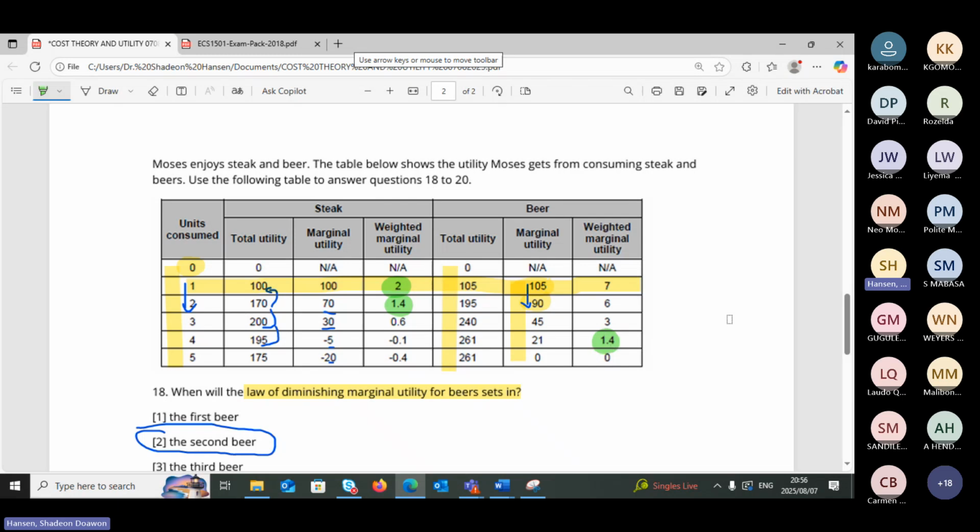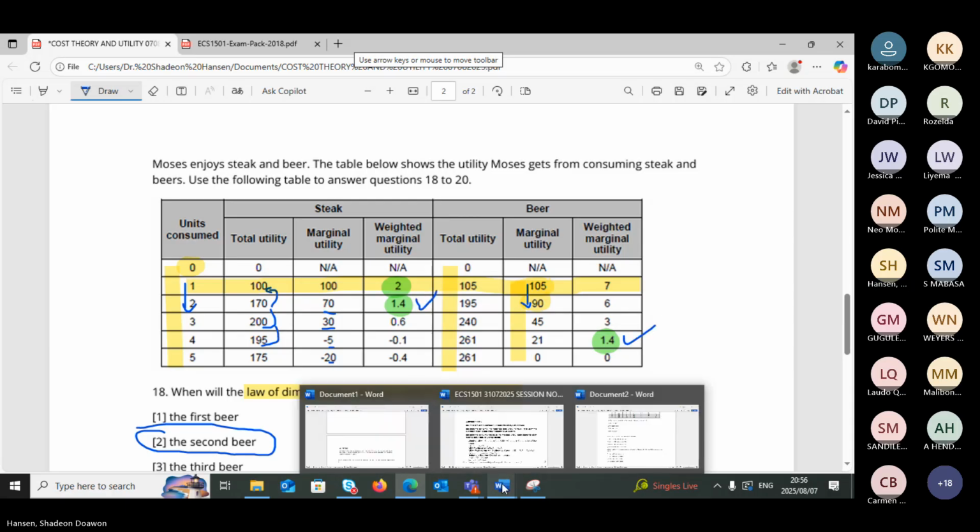So that means, students, you see there's no other instances. There's no 0.6, there's no negative 0.1, and there's no negative 0.4 on this side. So this is our instance where that condition is met. Are we following, students?